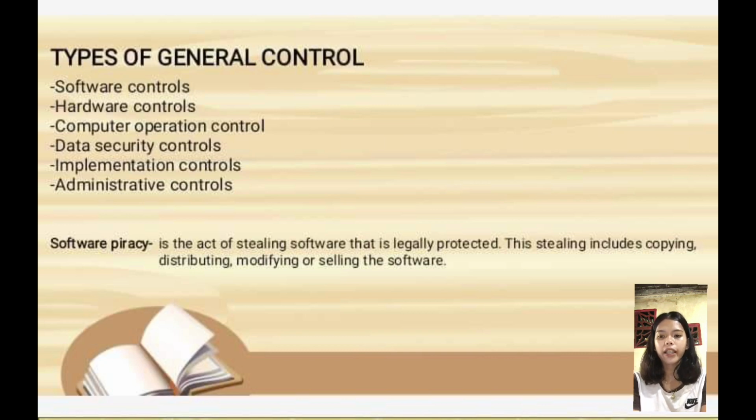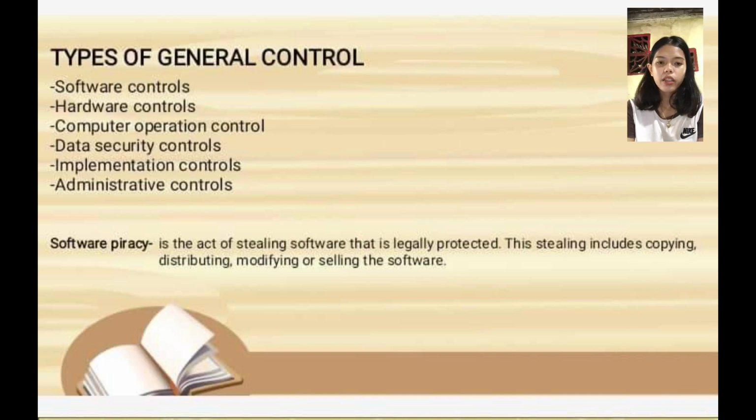Next, hardware control. Hardware control ensures the computer hardware is physically secure and checks for equipment malfunction. Computer equipment should be especially protected against fires and extremes of temperature and humidity. Organizations that are dependent on their computers must also make provisions for backup and continuous operation to maintain constant service.